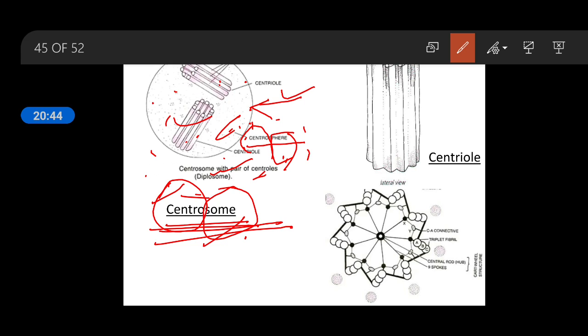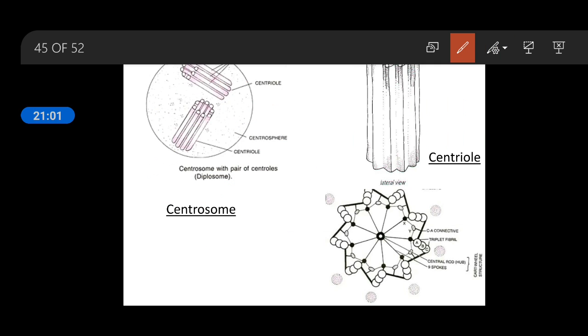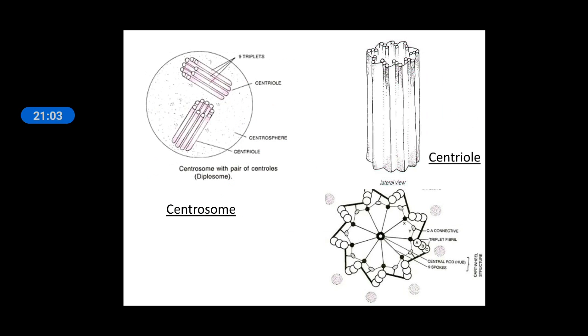So it is a ball like structure which contains centriole, or you can say the amorphous liquid part. Okay, and therefore the centrosome is with a pair of centrioles. If a pair of centrioles is present, then it is known as diplosome. Okay, diplosome.